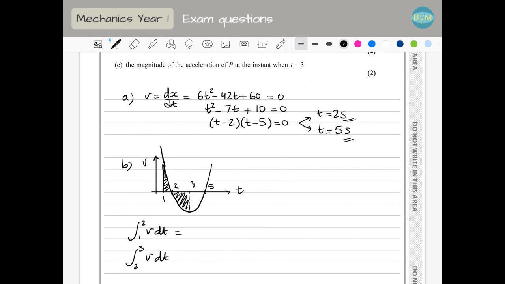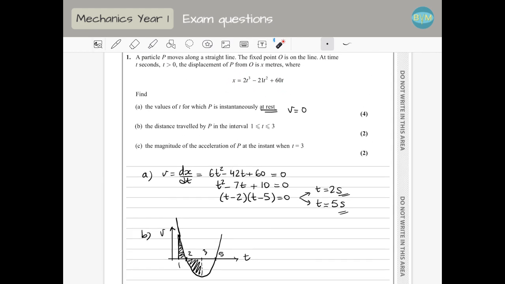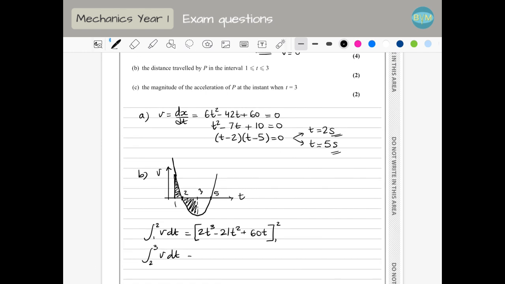The integral of v is already x, we really don't need to integrate, we have the function, so it's 2t cubed minus 21t squared plus 60t between 1 and 2, and the same for this one, between 2 and 3 this time.